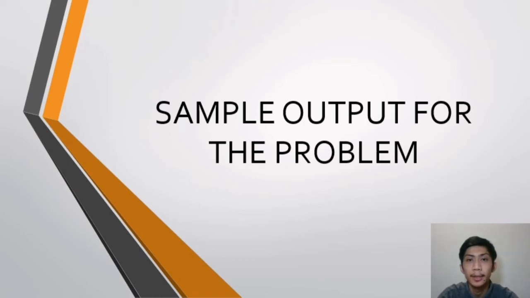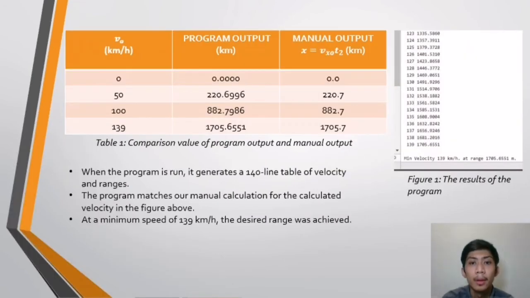Assalamualaikum and good evening. I am Nur Izul Islam bin Azahari, metric number 72473. I will be presenting the sample output of the problem in our program. Here, I attach a table of comparison of the program output and manual output, also part of the result of the program.